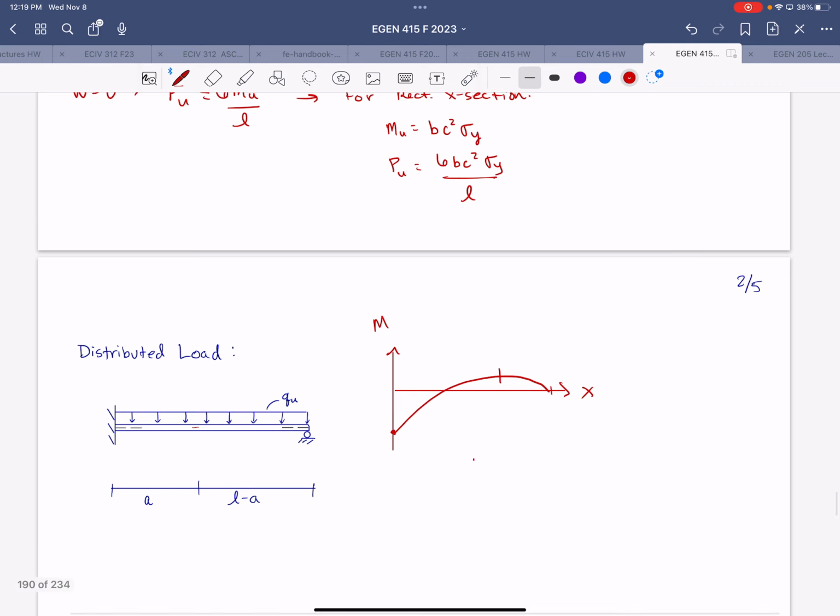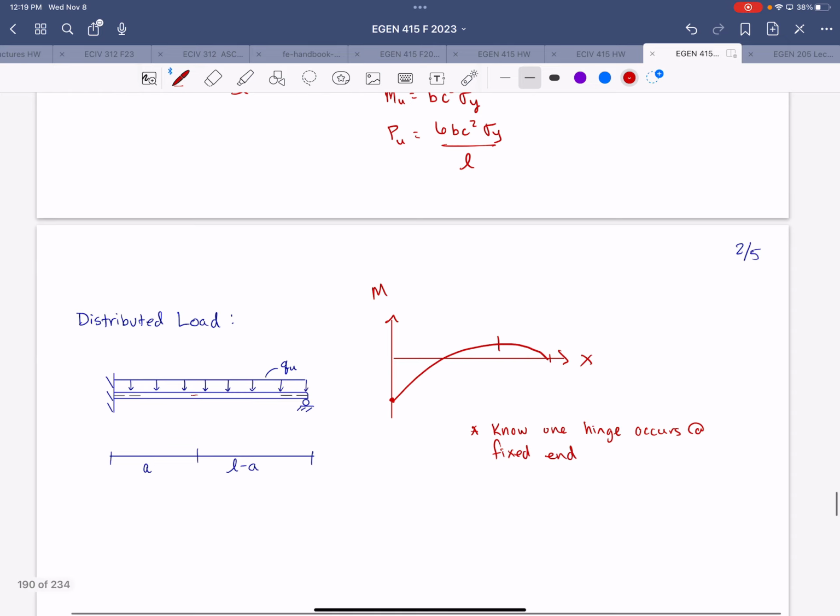So here we know that one hinge will occur at the fixed end. We need 2 hinges for collapse.